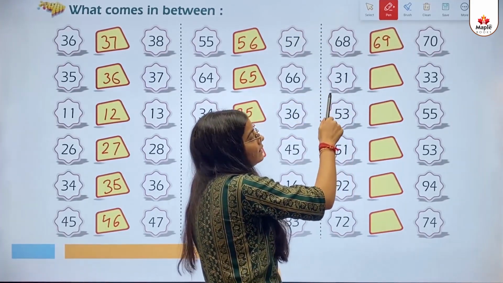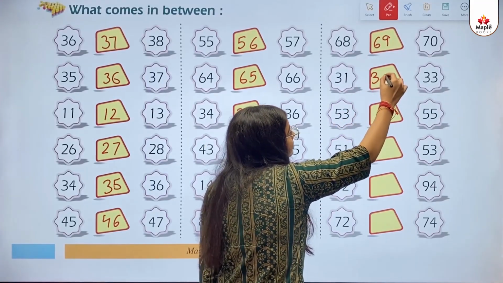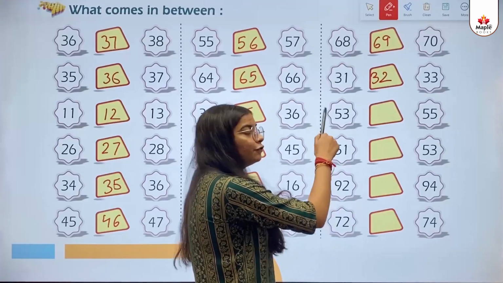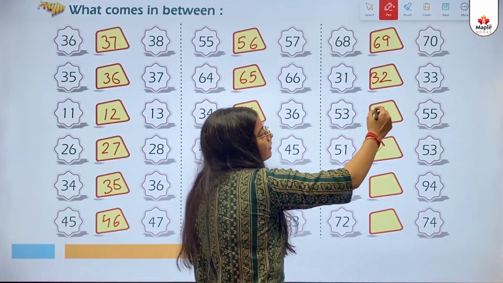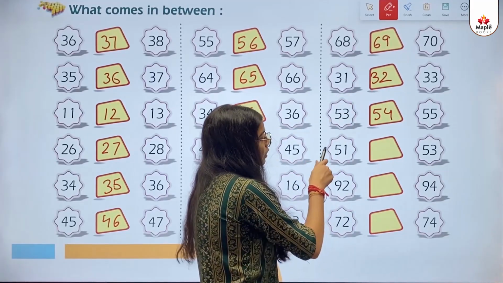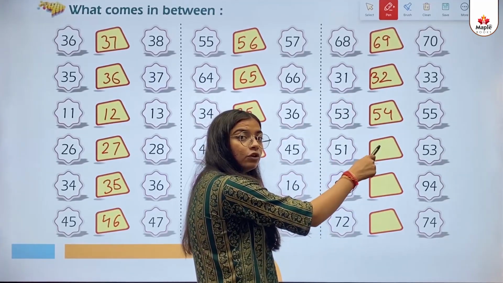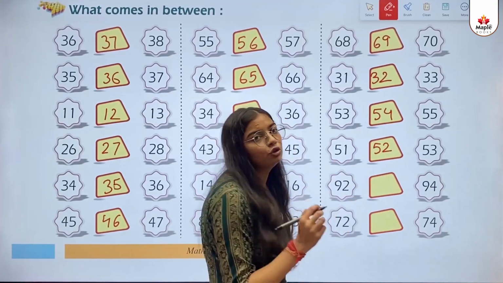Then 31, 32, 33. 53, 54, 55. So we will write 54. 51, 52, 53. So we will write 52.